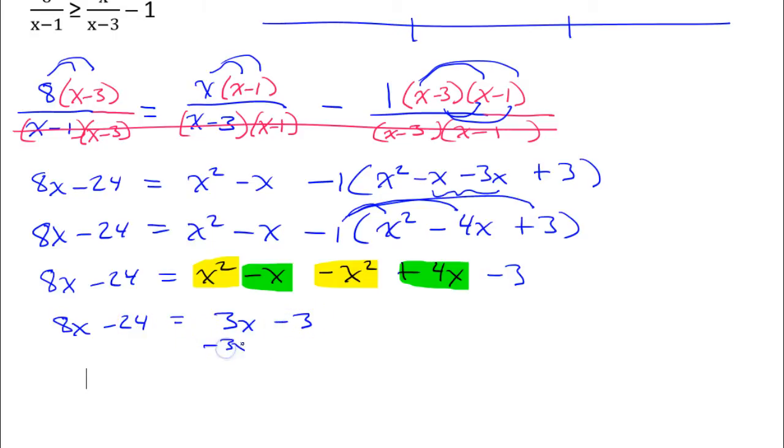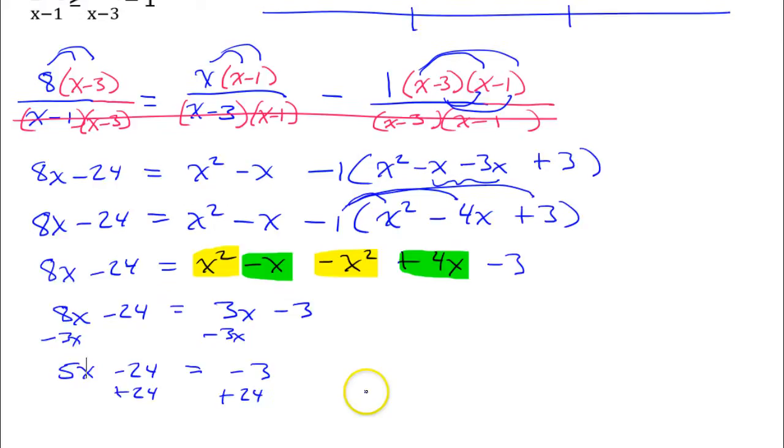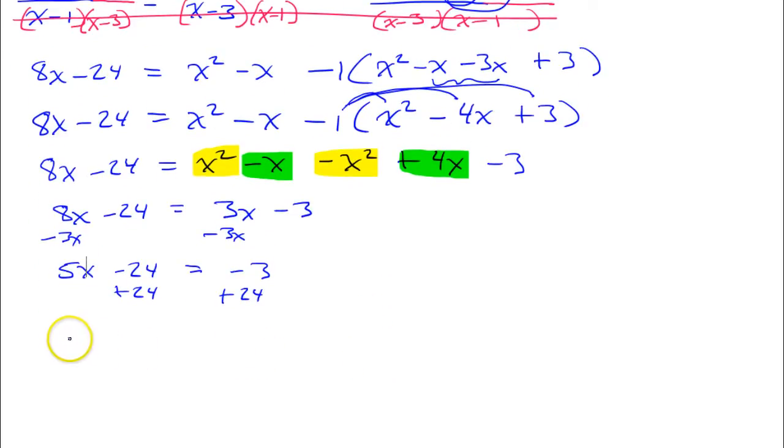So I'm going to subtract 3x from both sides. So I get 5x minus 24 is equal to negative 3. And then I will add 24 to both sides. So that's going to give me 5x is equal to 21.